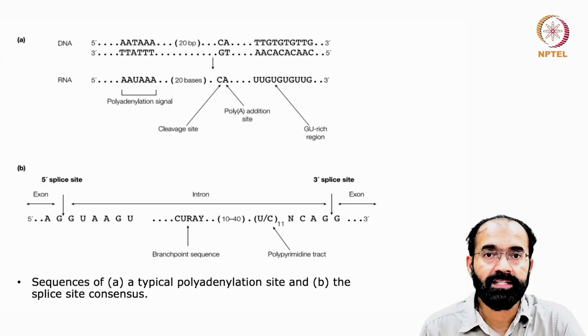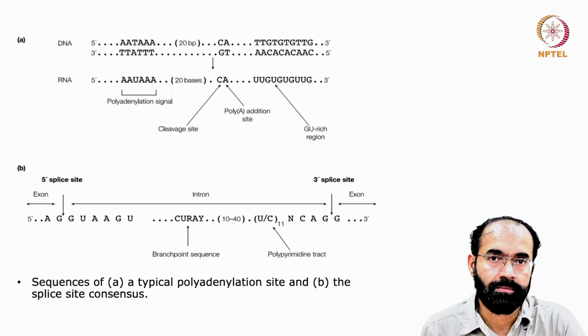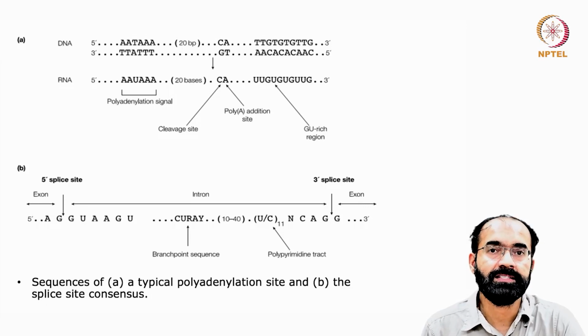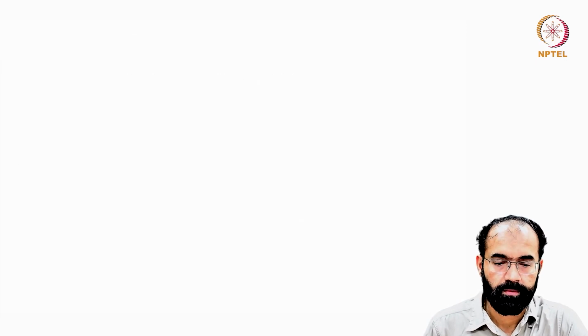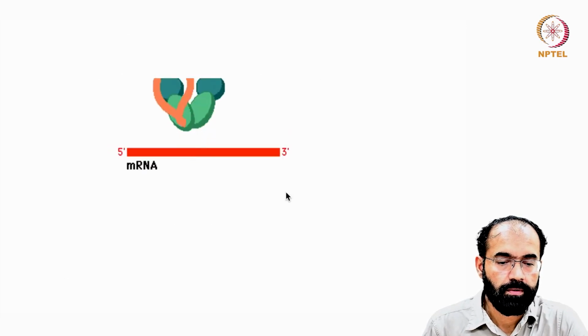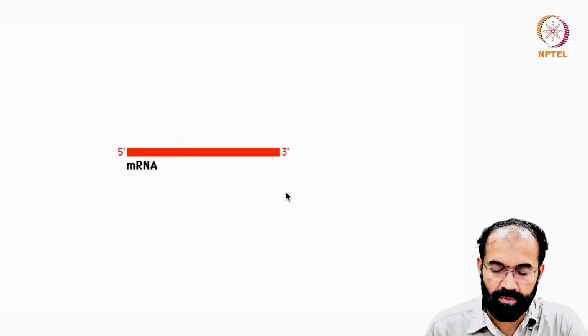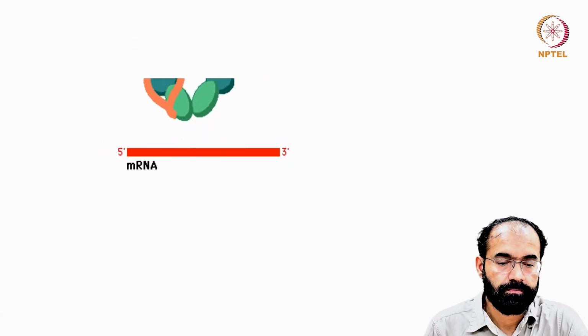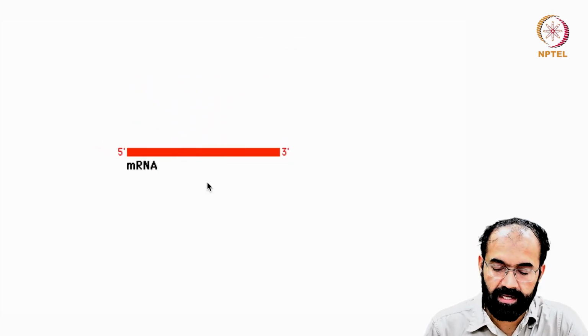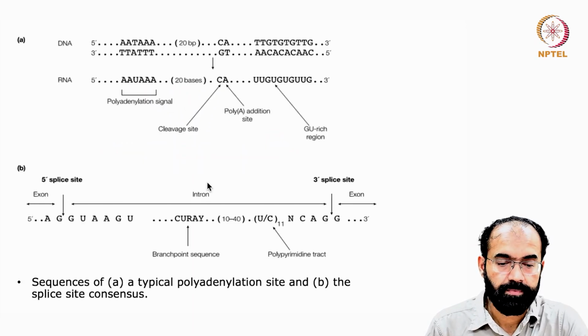The only thing here in normal eukaryotic pre-mRNA splicing is that it is assisted by spliceosomal machinery, which comprises snRNAs. Here you can see a cartoon of how the splicing is taking place, and the splicing takes place with the help of snRNAs.